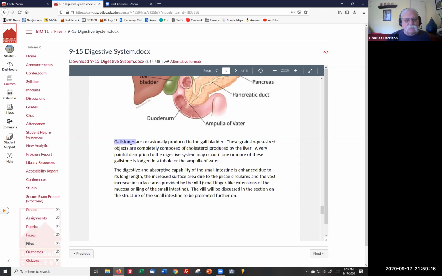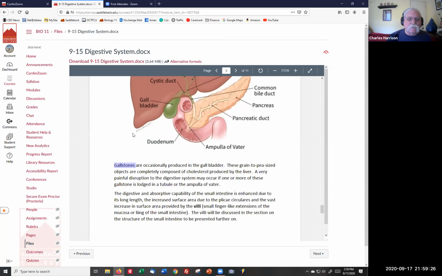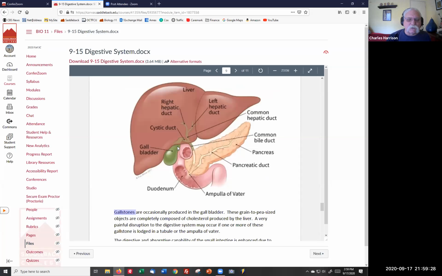But if it overproduces, or if the production doesn't run its proper course, you can get gallstones formed, and they can lodge anywhere in the hepatic duct, but usually are in the cystic duct and the ampulla of Vater. If they cut off that flow, the pain is intense.